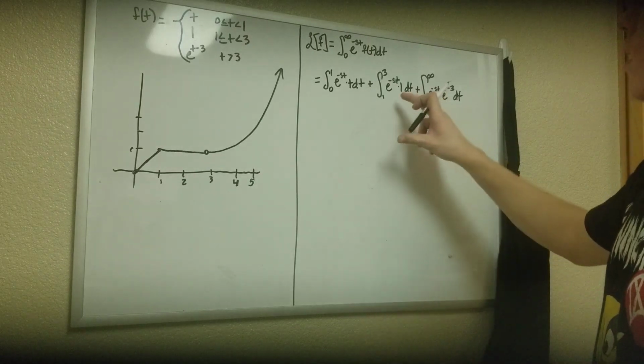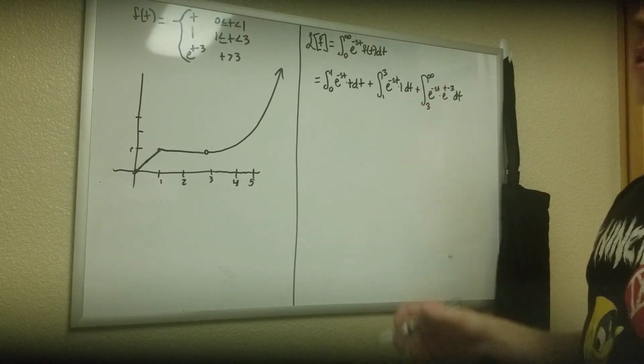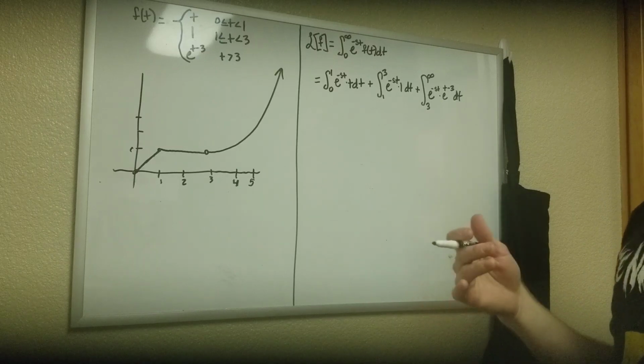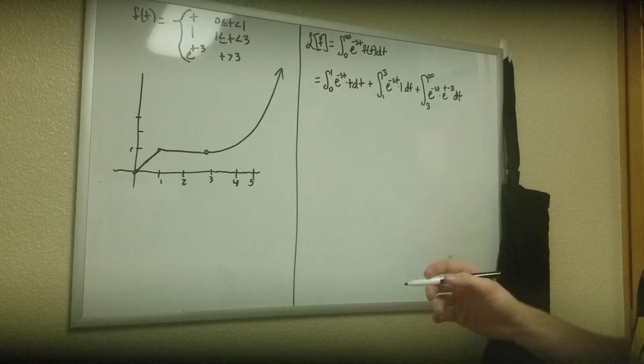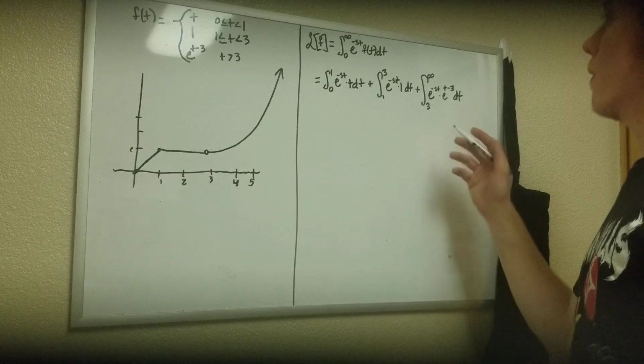Alright. This middle one's simple. It just ends up being negative e to the negative st over s.